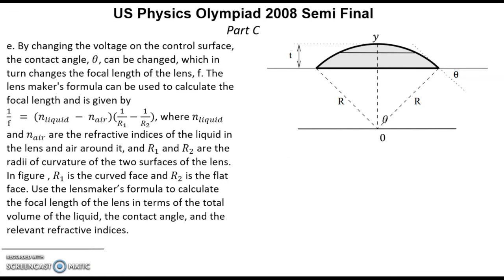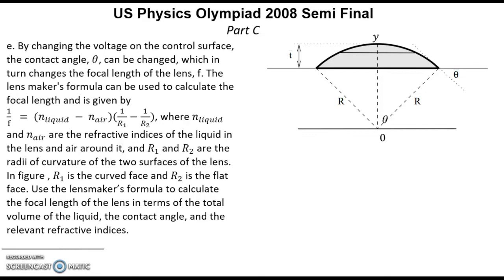Question E. By changing the voltage on the control surface, the contact angle theta can be changed, which in turn changes the focal length of the lens f.